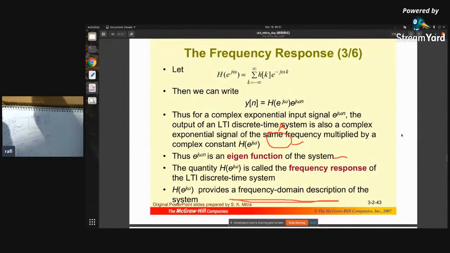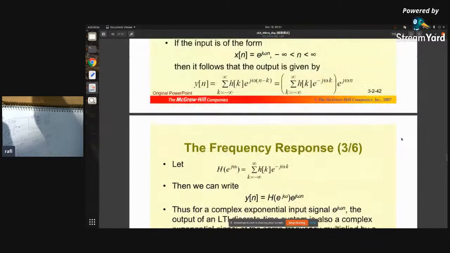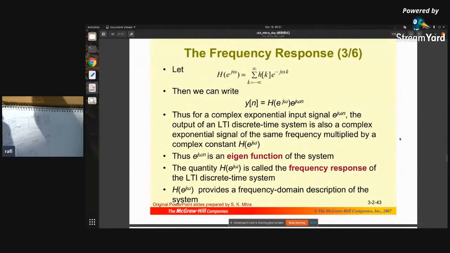So that is the use of these eigenfunctions, as mentioned in the previous slide. This is a complex sinusoid. If you can find the response for one complex sinusoid, you can find it for other complex sinusoids also; it only depends on the frequency of the sinusoid. Here omega is there, here omega is there.